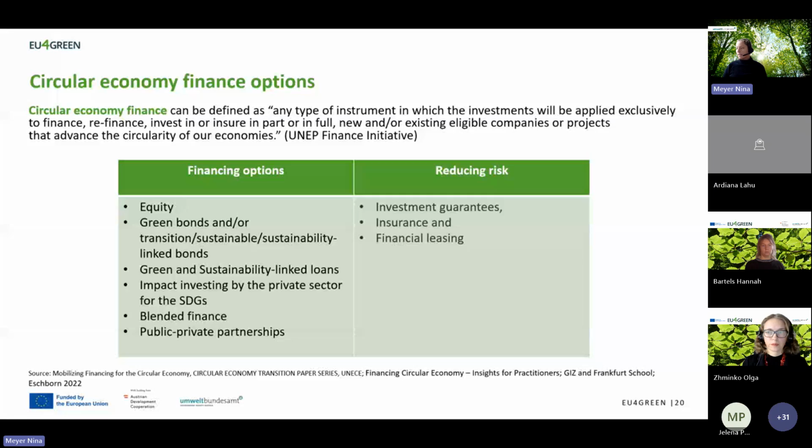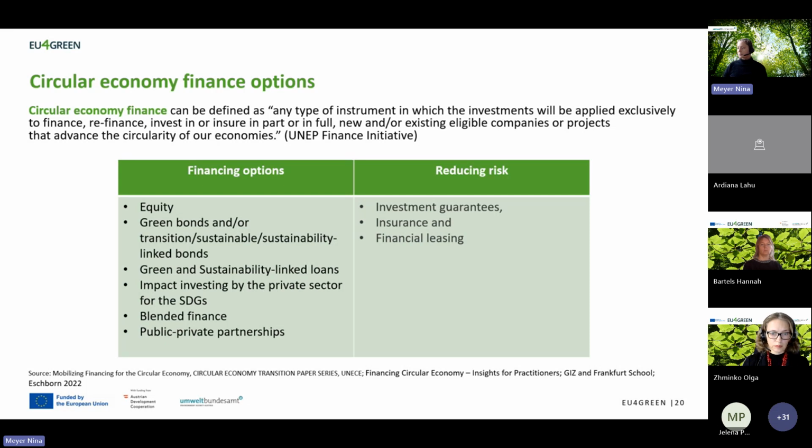And then we have alternative financing options that are usually for risky or non-economically viable projects, which might often be the case with circular economy projects, as they don't have the same growth and profit margin predictions as other projects. In the alternative financing options, we have impact investing, blended finance, and public-private partnerships. I'm going to talk to you about all those financing options in more detail on the following slides.